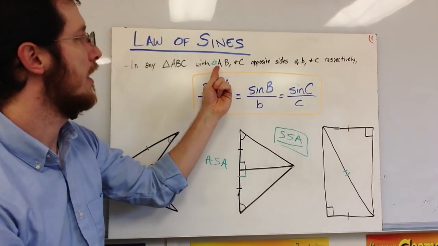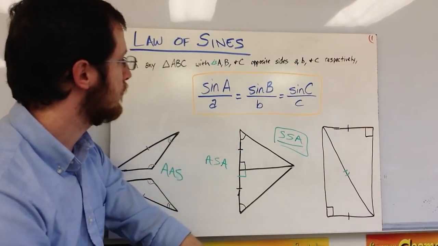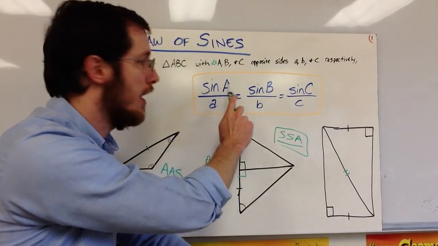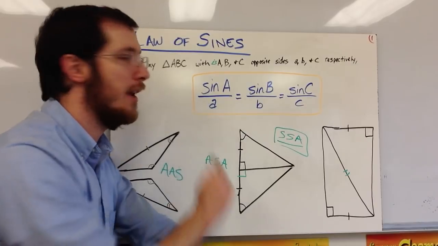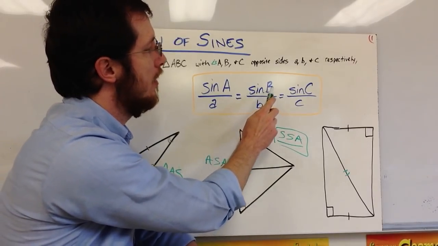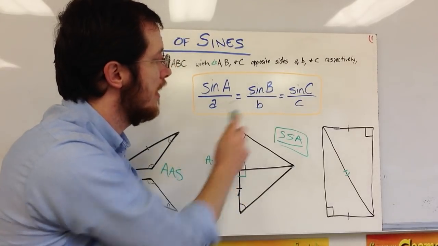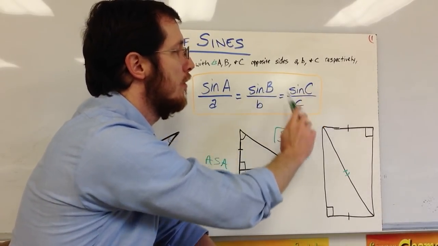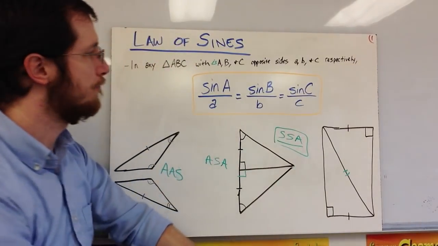Little a is the side opposite angle A. Okay, so the law of sines says this, that the sine of angle A over side a has got to be equal to the ratio of the sine of angle B over side b, has got to be equal to the sine of angle C over side c.